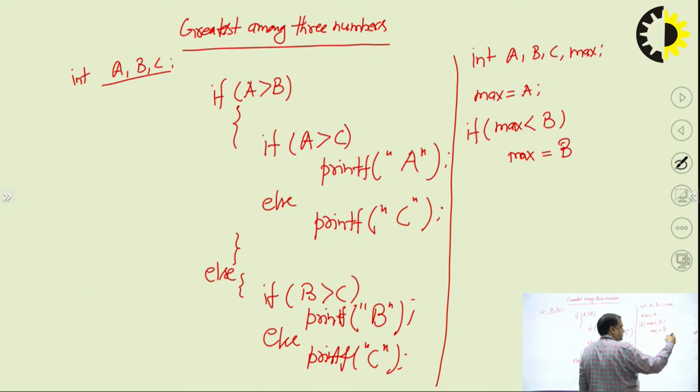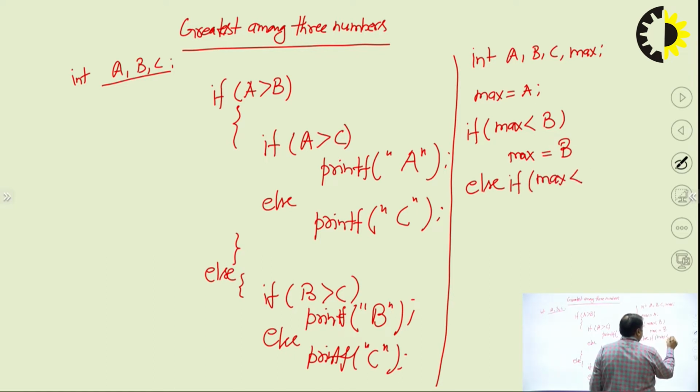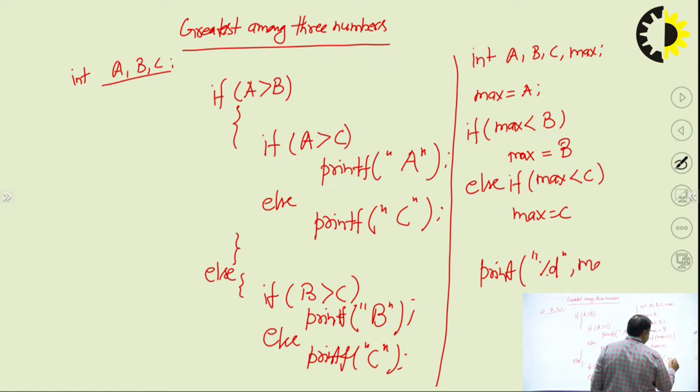That means it's greater than A. Else, that means max is not greater than B, then what is required? Else if max is smaller than C, then we will have max equal to C, and later on we will simply print max. So we can do like this.